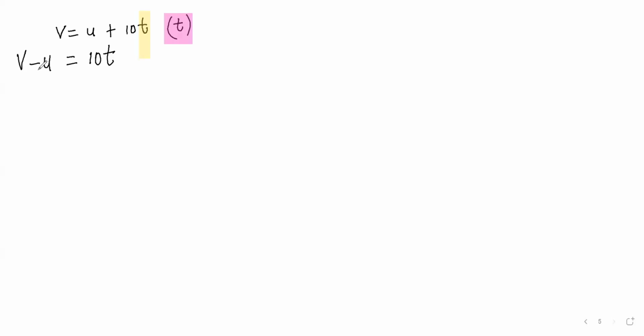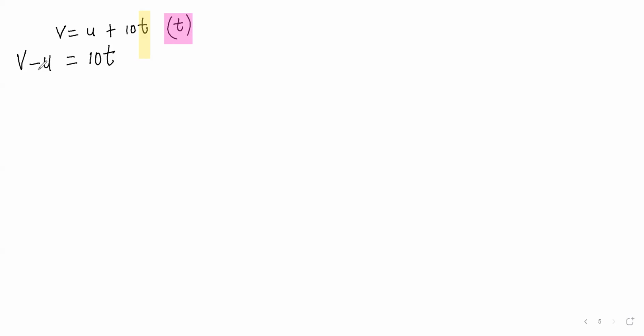No, Duncan. Duncan, look at my second line. You cannot move the 10 because it's 10 multiplied by T. The reason why we could move the U is because it's U plus. Donnell, very good.